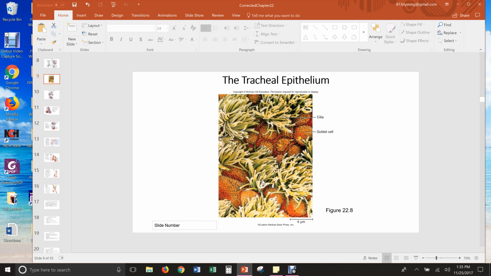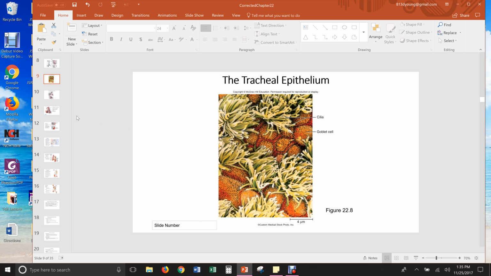Now, with this epithelium, look at what happens with smoker's cough, for example. Rather than it being the nice pseudostratified columnar epithelium with the goblet cells, it actually becomes stratified squamous with no cilia, and therefore you cannot move any of the particles that are trying to enter into the lungs out.